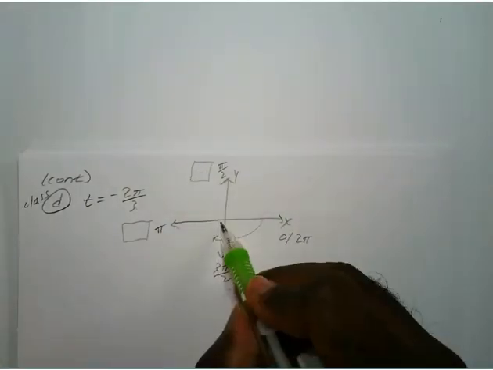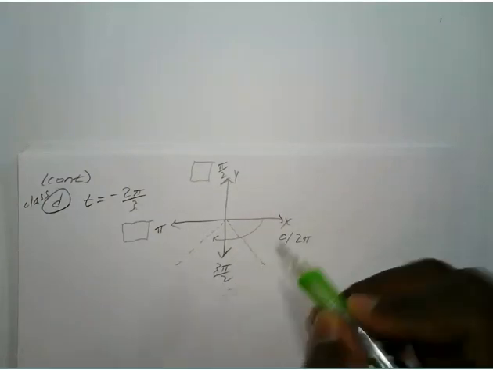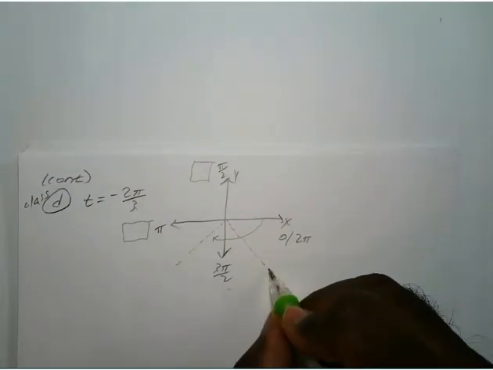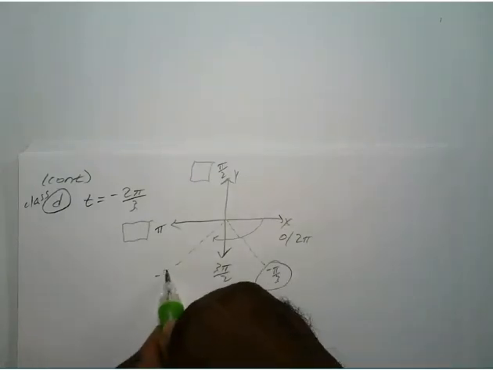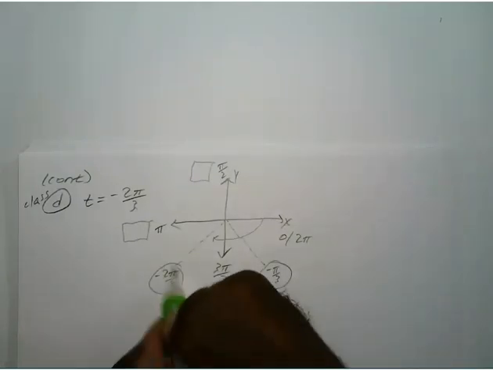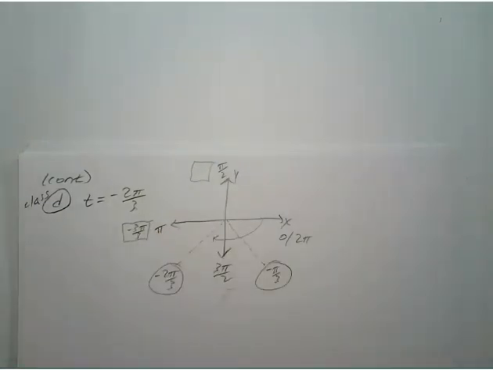Because it's in 3 sections, we're going to cut that into 3 sections: negative pi over 3, negative 2 pi over 3, negative 3 pi over 3, or just negative pi.